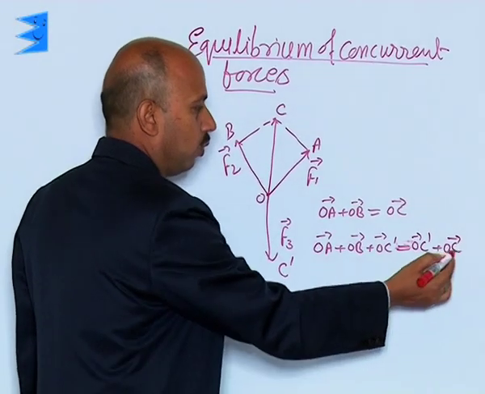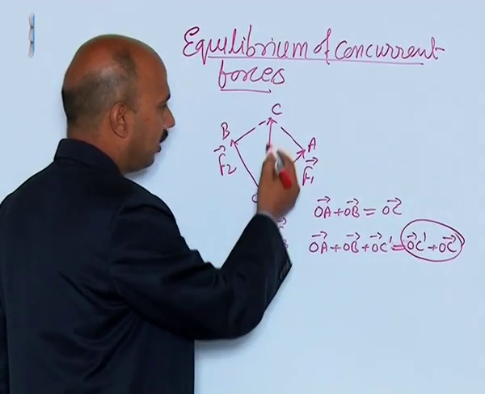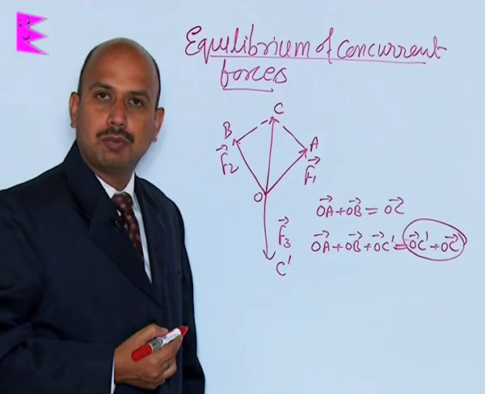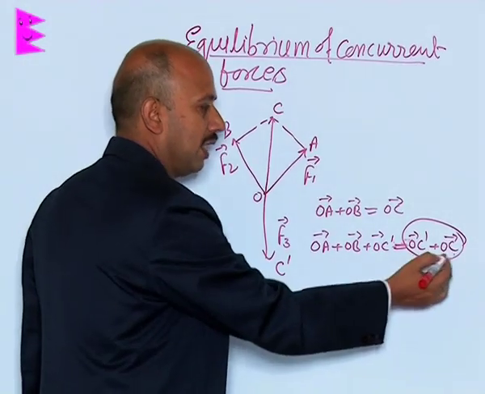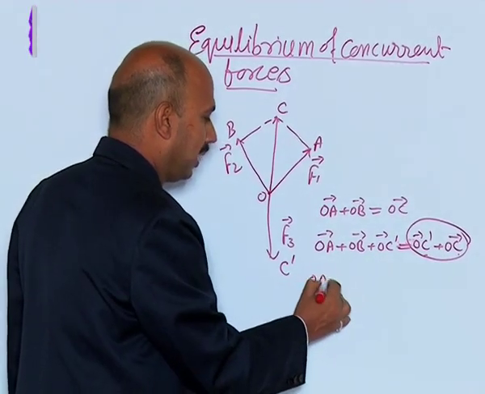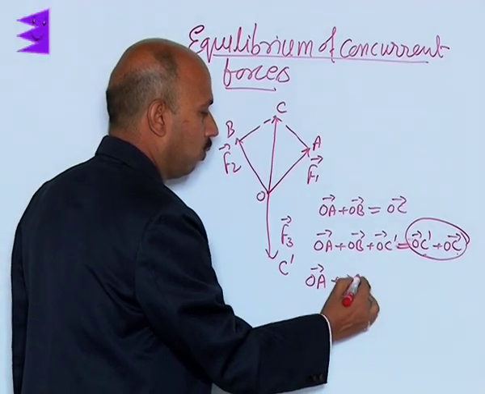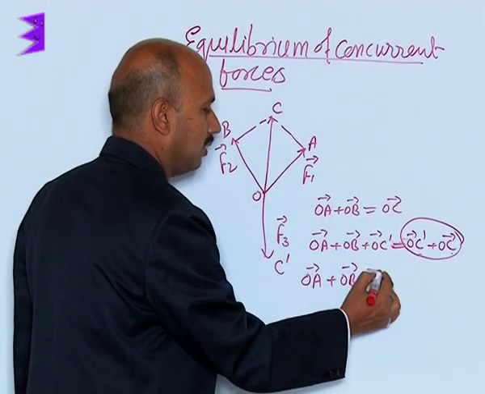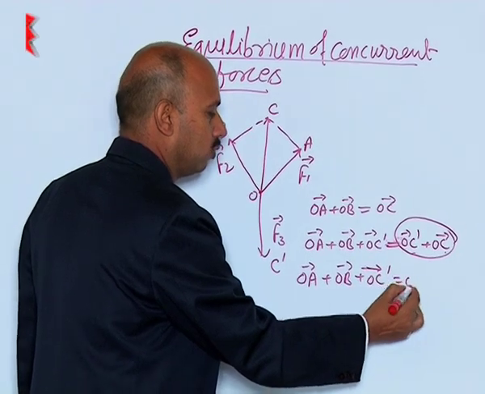Now see here, OC dash plus OC are equal in magnitude but opposite in direction, so they will cancel out each other. So we will be getting OA plus OB plus OC dash is equal to 0.